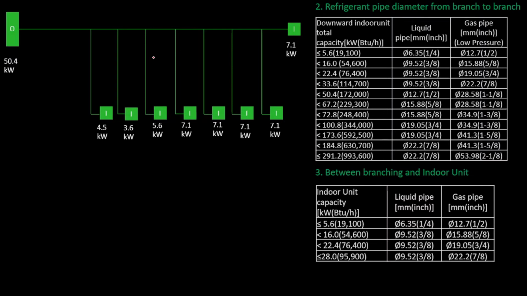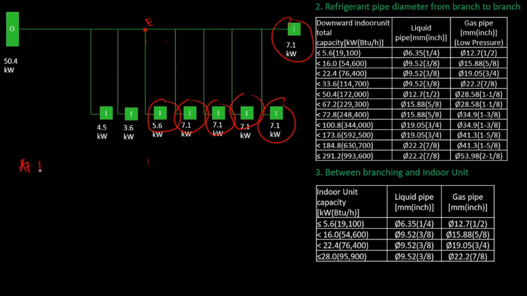Now for branch E, we know that this is where branch E is, somewhere around here. That's E. And that will be a total of this and this.